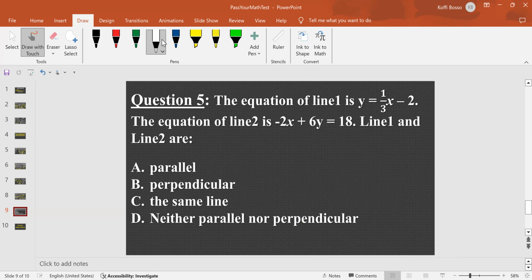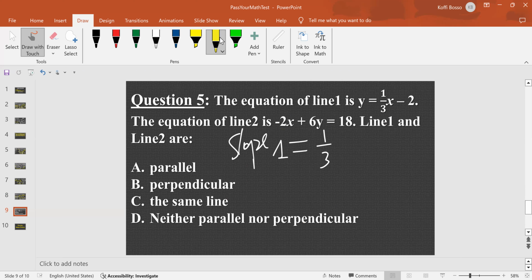So here they want to know if the two lines are parallel, perpendicular, or the same, or they are not the same. But to check these two lines, you have to use their slopes. So the slope of the first line, if you call it slope 1, that slope 1 is what? 1 over 3.